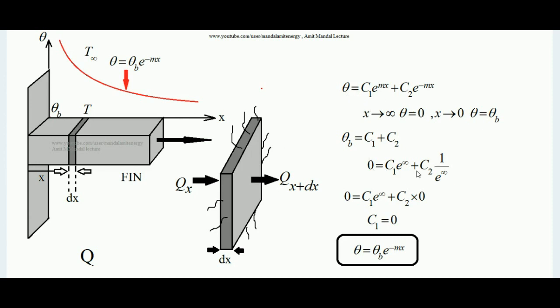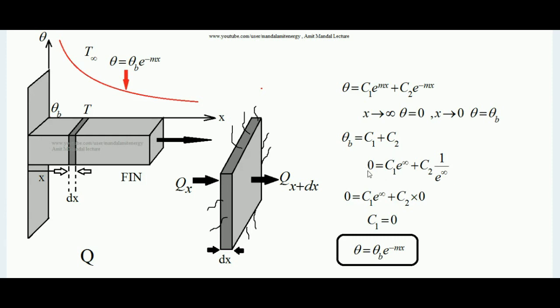So what we will get is 0 equals c1 e to the infinity plus c2 times 1 by e to the infinity, because it is minus mx, and minus infinity means 1 by e to the infinity. This second term will automatically be 0, because e to the infinity is infinity and 1 by infinity is 0. So c2 has been eliminated from this expression. Only left is 0 equals c1 e to the infinity.